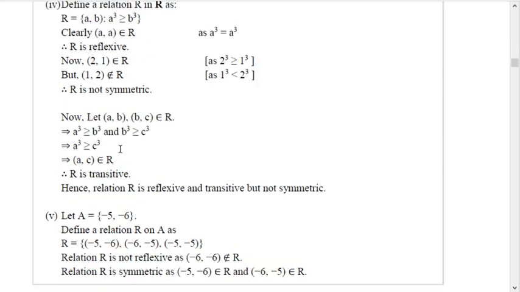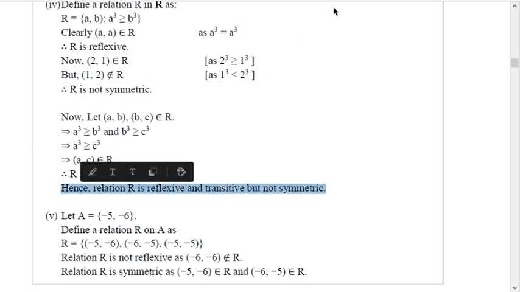Next, fourth, we have to find a relation R such that it is reflexive, transitive but not symmetric. Not symmetric means (A, B) is in R but (B, A) is not. We have to introduce an inequality immediately for symmetric.